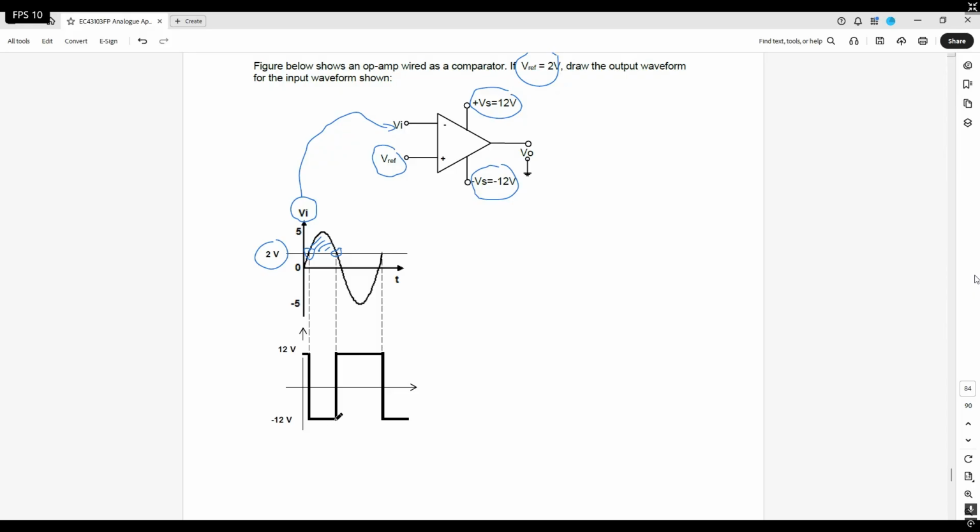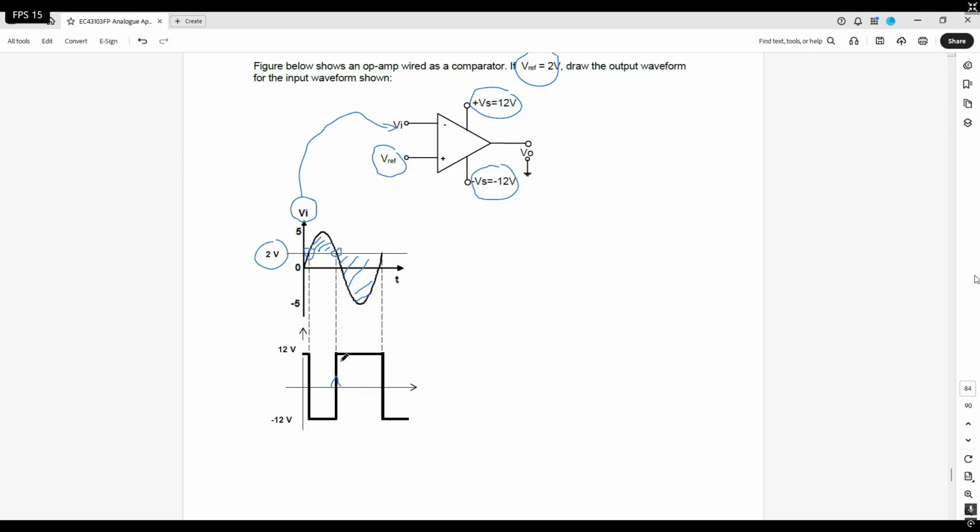That's why the voltage starts to go up here again, and then stays there. So the condition is met here: when Vin is less than Vref, it goes to a positive voltage, and it stays there as long as it's below the reference voltage, until it changes again, of course. This is how you get your waveform.